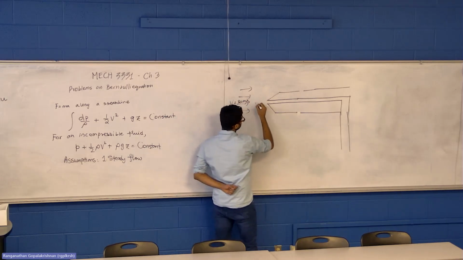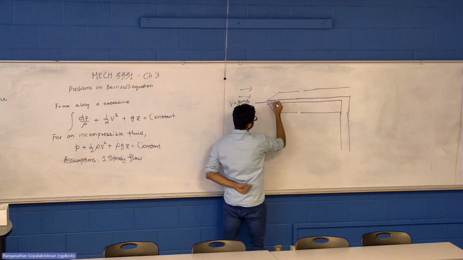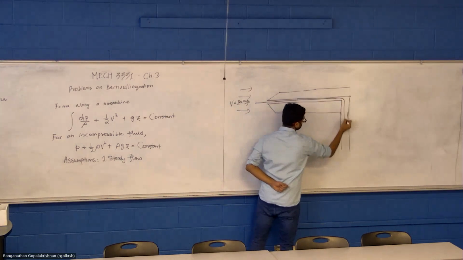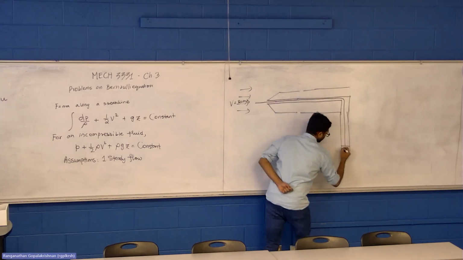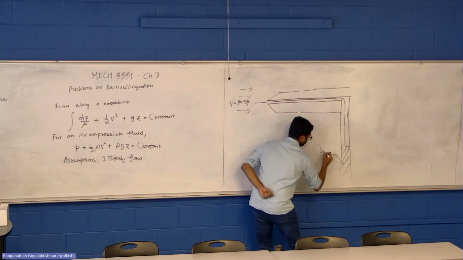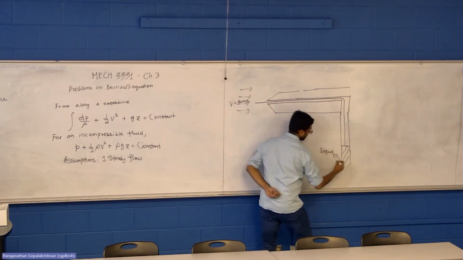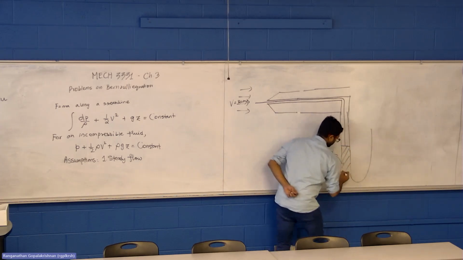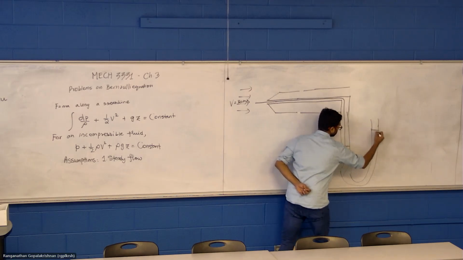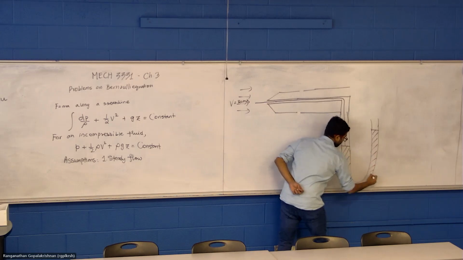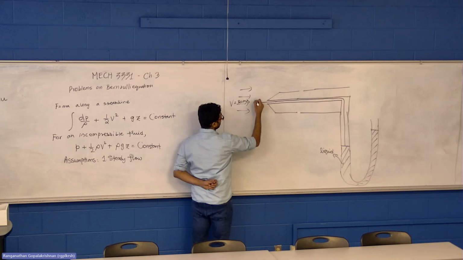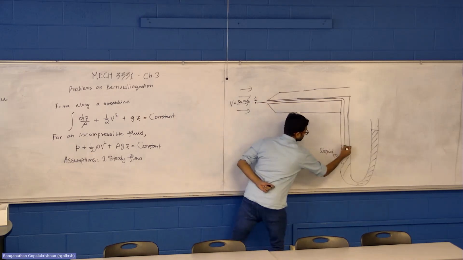And let's say we draw a streamline that basically connects up to here, where your liquid level is. This is liquid. And the other limb of the liquid goes to the outer tube, which we'll talk about. So let's call this point 1 and this point 2.